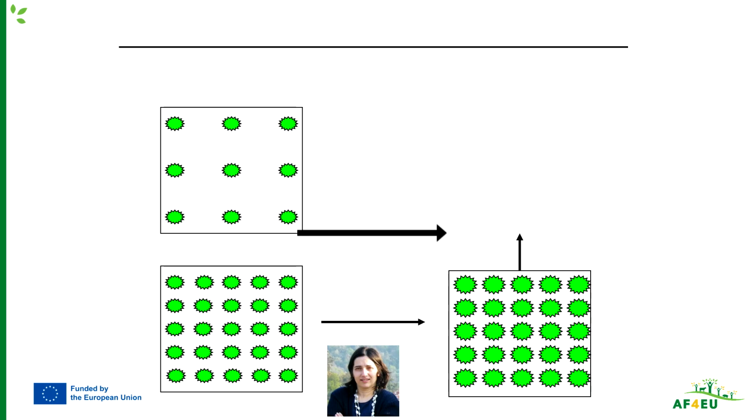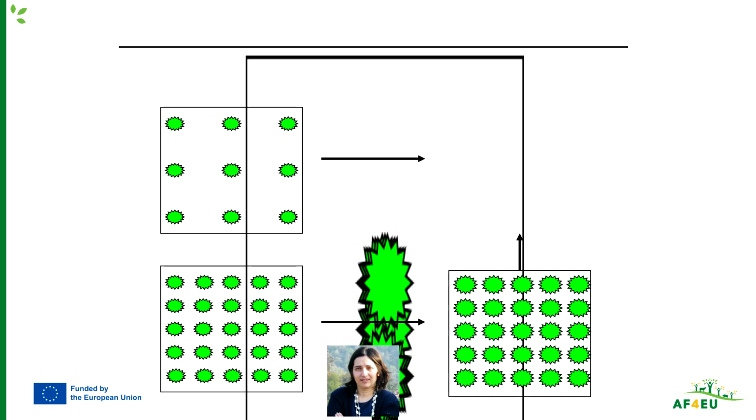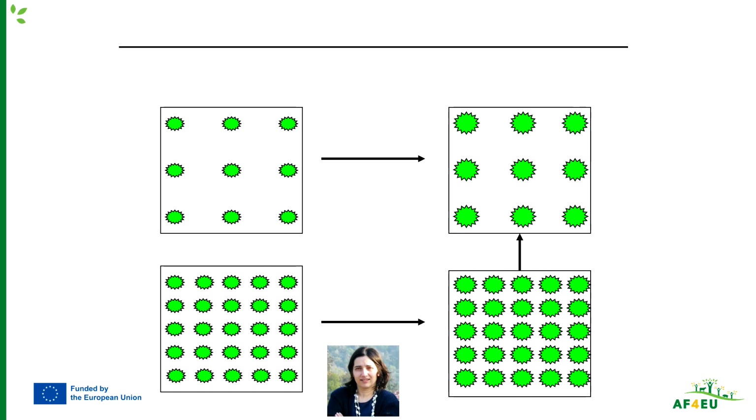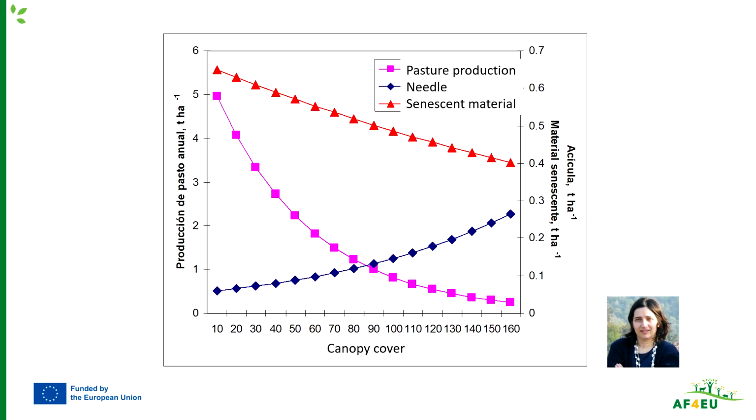But if we think of the Mediterranean area, of Pinus radiata, eucalyptus that take 20 years to be harvested since planting, the development of this canopy is much higher.